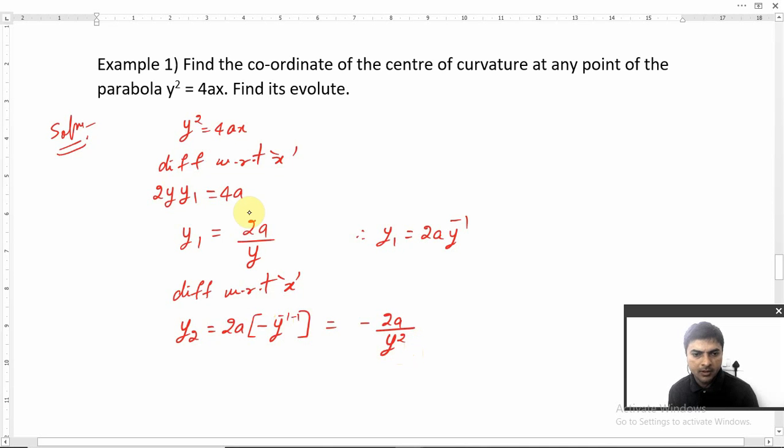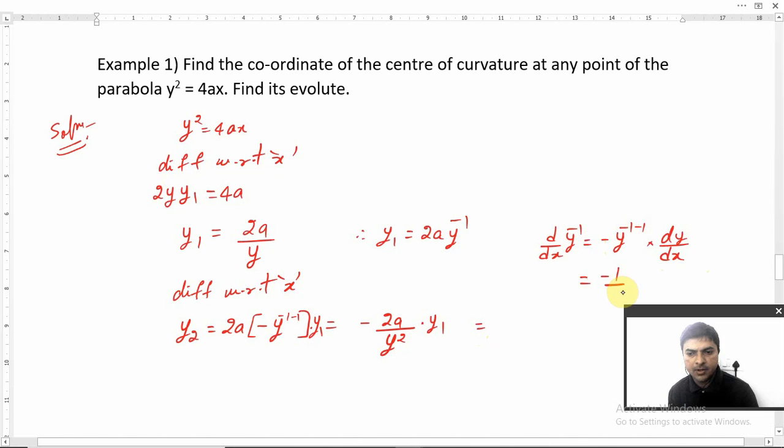Into, again in a differentiation, students, this will be y1. So if we simplify this, you will get this as y1. Is it clear, students? So you can just see what I have done here. Just taken the differentiation d by dx of y raised to minus 1, so minus y raised to minus 2 into the differentiation of the inner function, that is dy by dx.